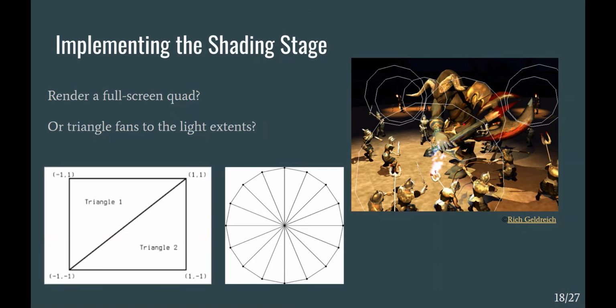And then at each fragment, we can sample each of the textures in the G buffer that we need to get the material attributes from, and then compute the resulting color using the BRDF.